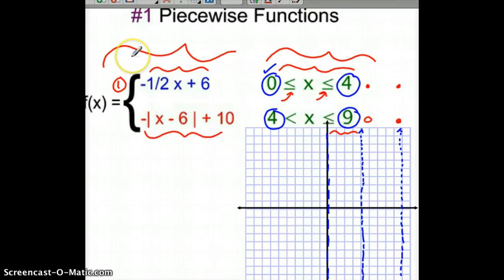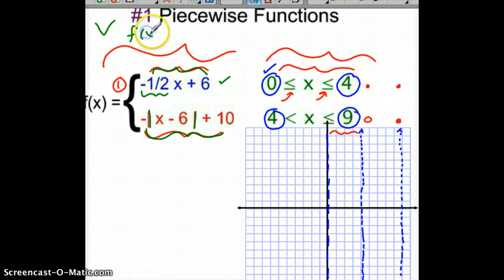Then what I'd also suggest you do is have a good understanding of what these functions look like. You should look at this one right here and go, okay, that's going to be a line. It's downhill because it's got a slope of -1/2. So between those first two fences, I'm going to have a line going downhill. This right here is the absolute value parent function, so I'm going to have a V of some sort.